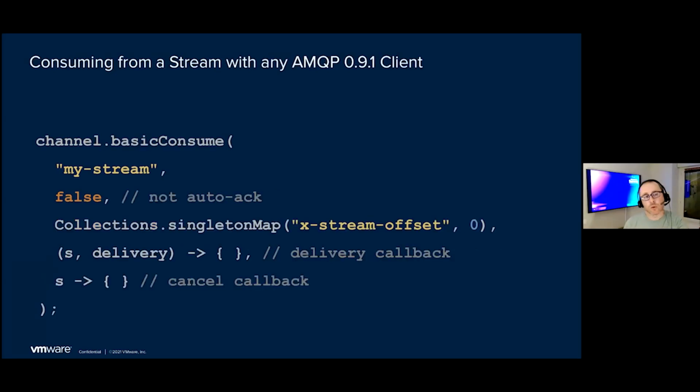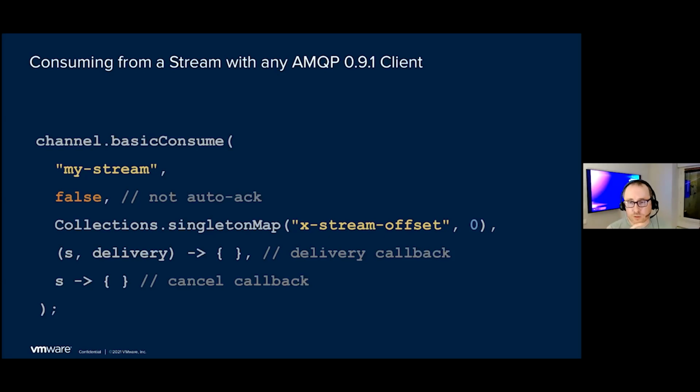And when you want to consume, same thing, you can still use AMQP. So this is again the common basicConsume AMQP function. You specify the stream you want to consume from. You always need to acknowledge, auto acknowledgement does not work. And you can specify where you want to start consuming from using the x-stream-offset parameter.